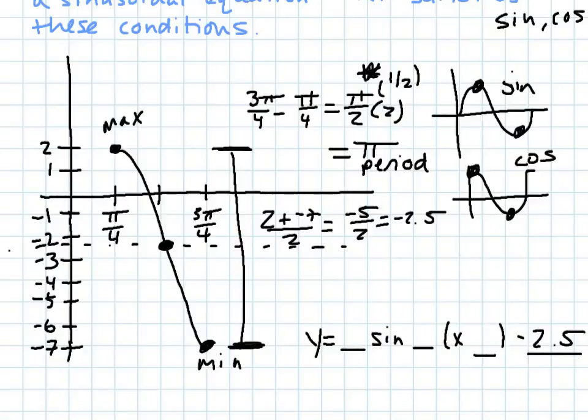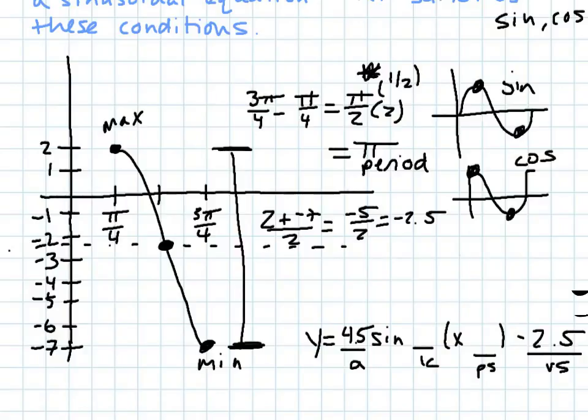So that gives me an amplitude from negative 2.5 to 2, or negative 2.5 to negative 7, which is a distance of 1, 2, 3, 4 and a half. So then that would be my amplitude. Now we just need to find the phase shift and the k value.